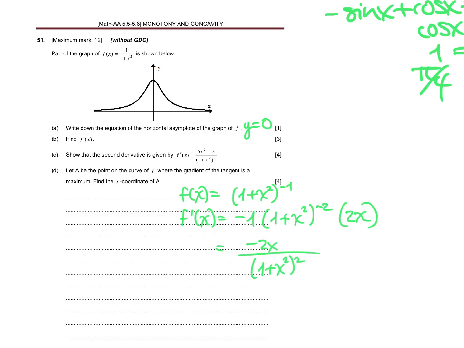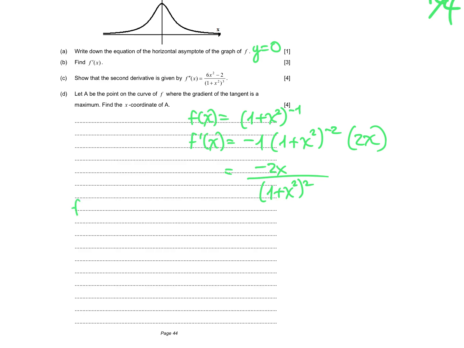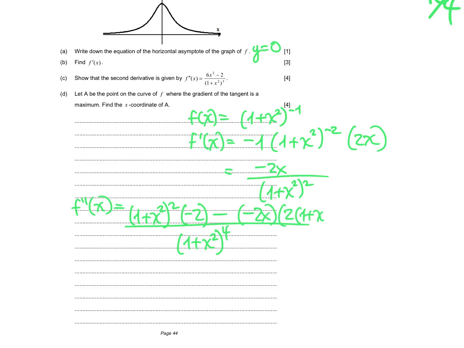And then the second derivative is going to be, so we've got 1 plus x squared squared, which is to the 4th. Starting with v times the derivative of u minus u times the derivative of v. Subtract 1 times 2x by chain rule. And then we're going to have negative 2, 1 plus x squared, squared.